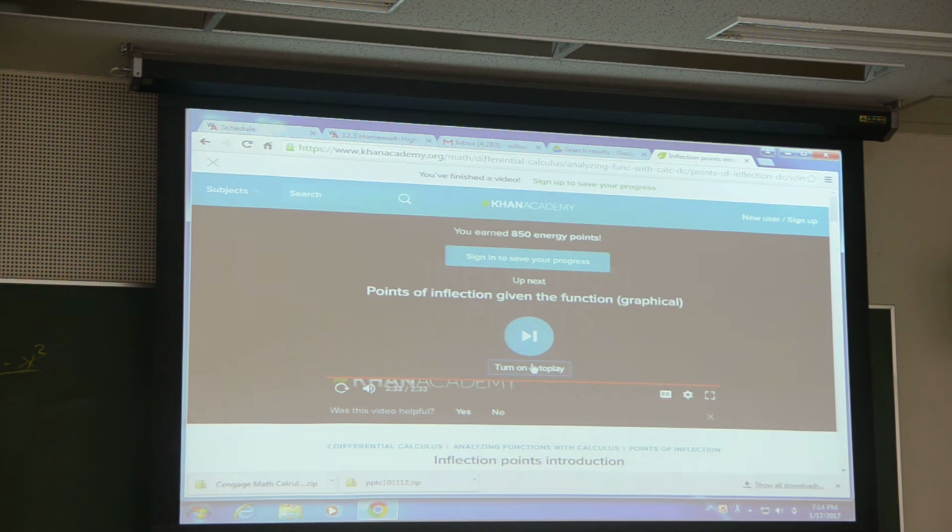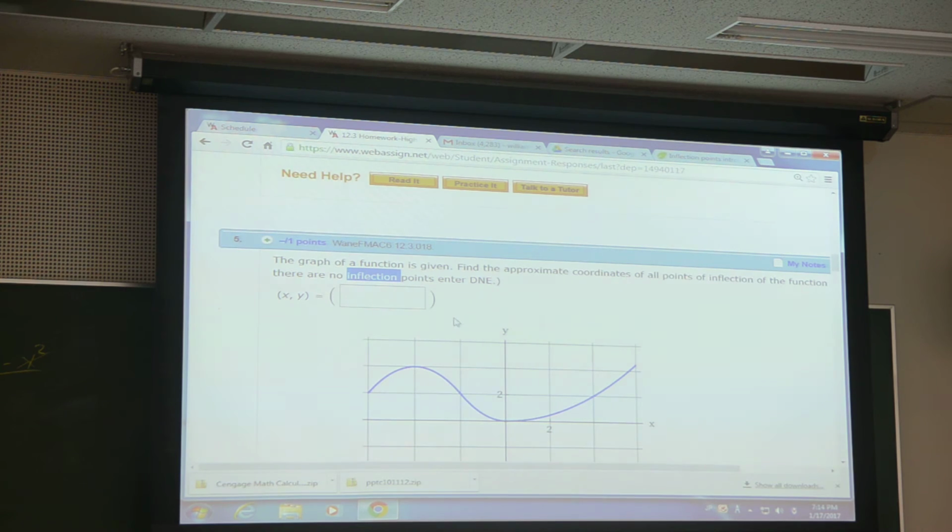Okay, so do you understand what's meant by an inflection point? An inflection point is when the concavity changes. What is the concavity in this area here? Is it up or down? Concavity is down here.